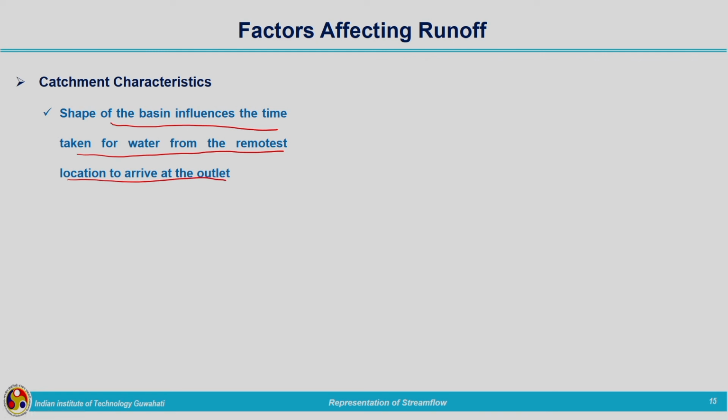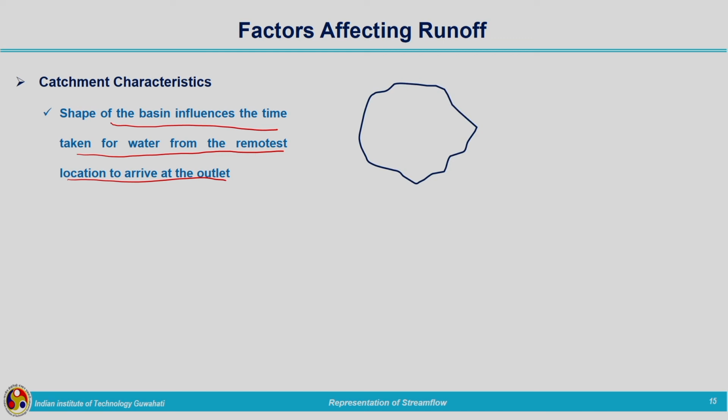That we have seen: the time taken by water to travel from the remotest point to the outlet point is termed the time of concentration. Depending upon the shape of the basin, the time of concentration will be different, so the runoff value depends upon the time of concentration.